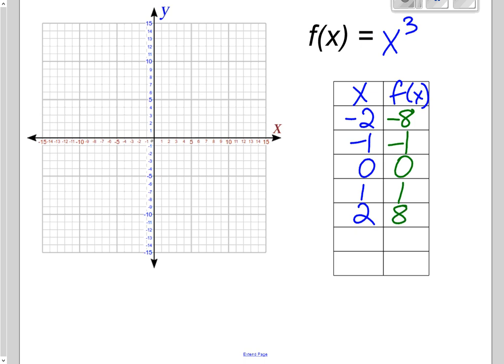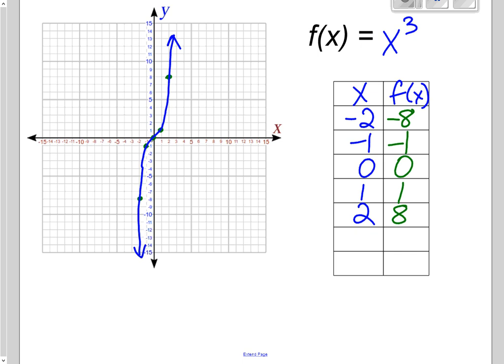Okay, so let's go ahead and plot these points. So -2, -8, -1, -1, 0, 0, 1, 1, 2, and 8. All right, and what we actually get is like an S or a snake that kind of slides up our y-axis and crosses over at 0, 0.